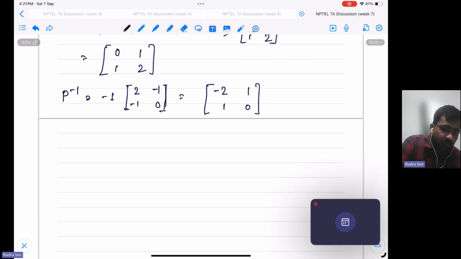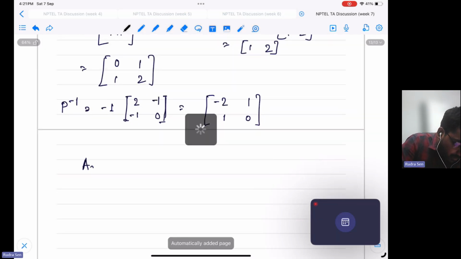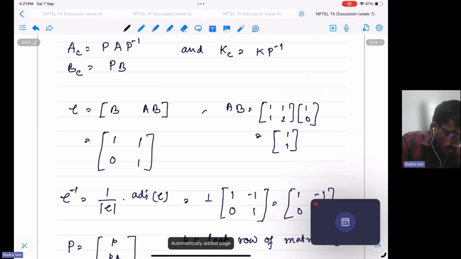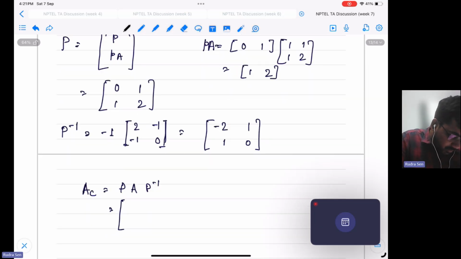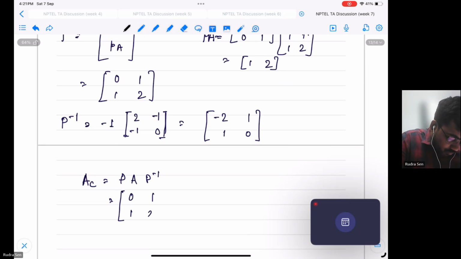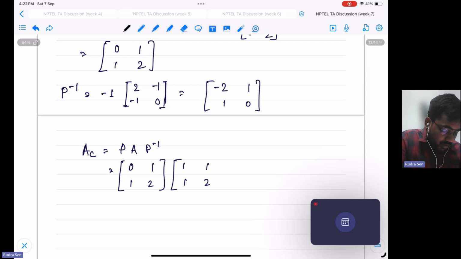Now we have to find out Ac. What is Ac? Ac is P A P inverse. P is [0 1; 1 2], A is [1 1; 1 2], and P inverse is [-2 1; 1 0].